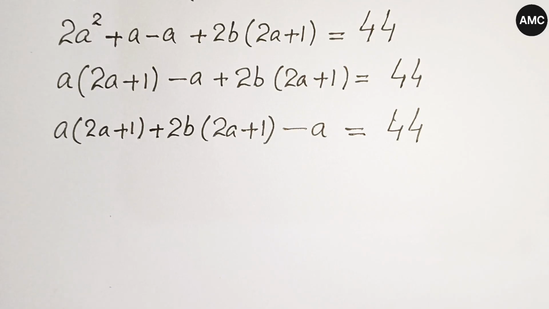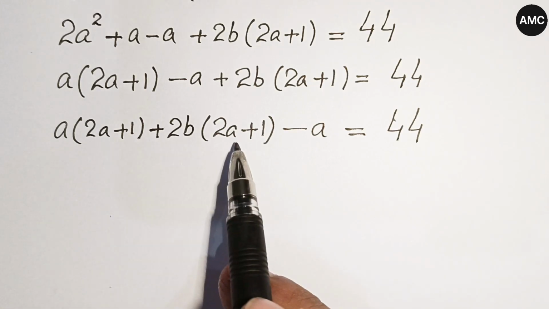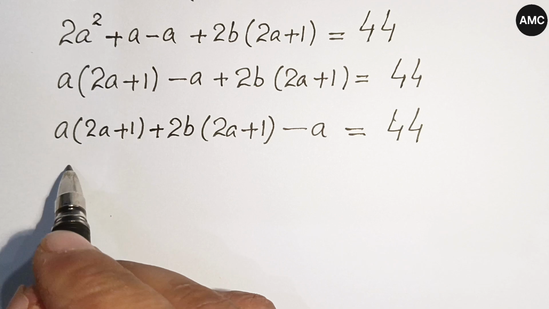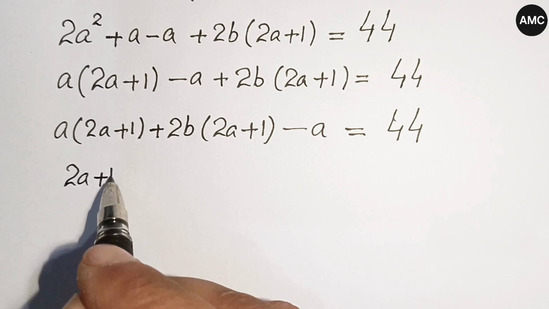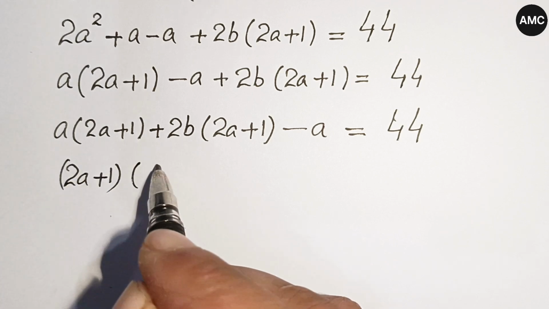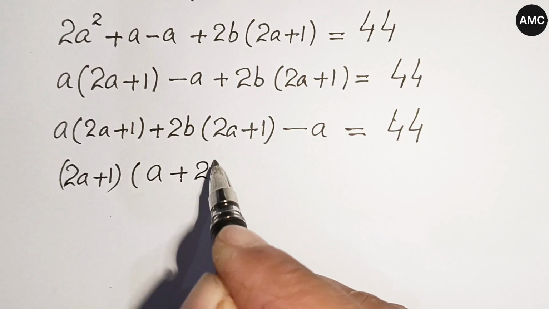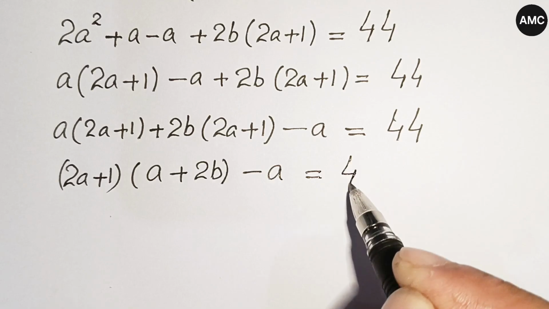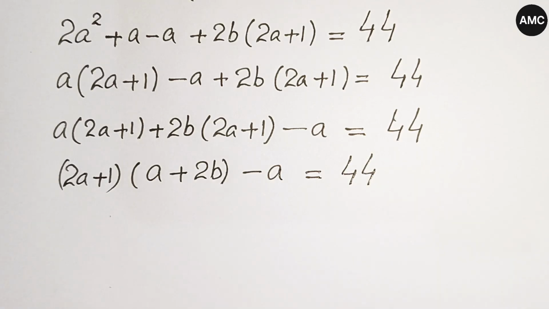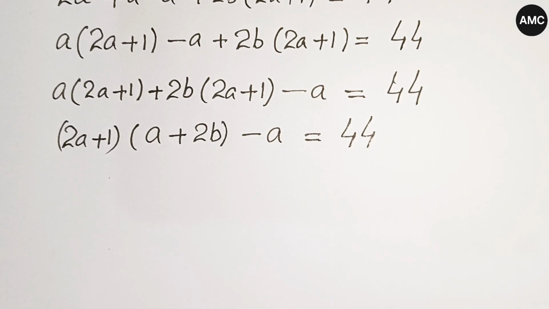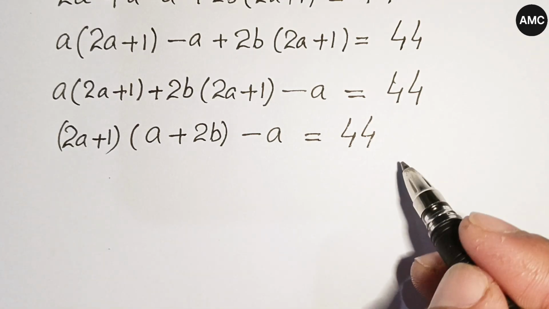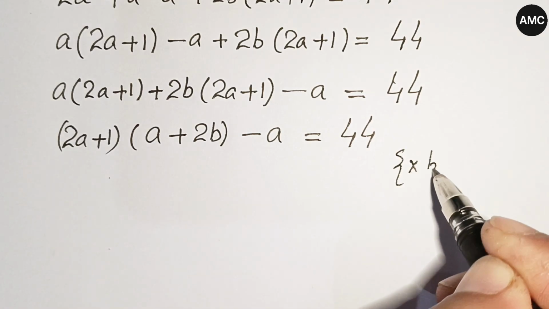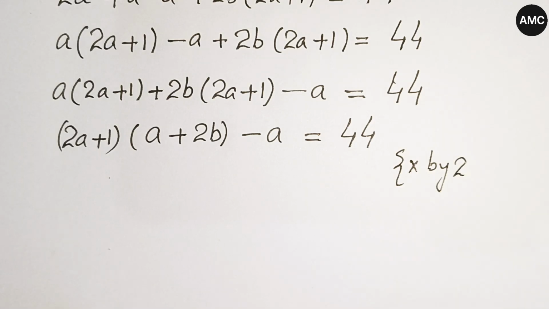Now we see that this 2a plus 1 and this 2a plus 1 is a common factor, so inside the bracket we get (a plus 2b), and here we have minus a, which is equal to 44.